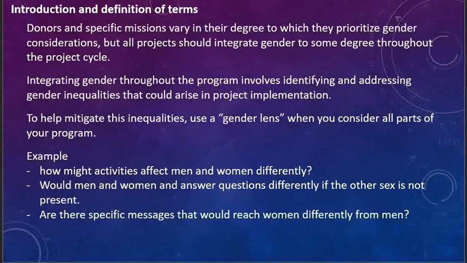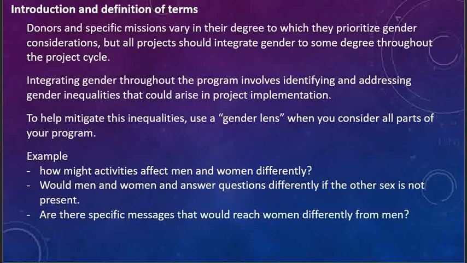For example, if you are asking how many times do you have your monthly menses, and some people might have hormonal imbalances and have issues with their menses, then you might not get the right answer when another gender is in there.